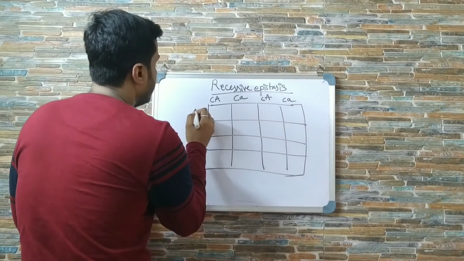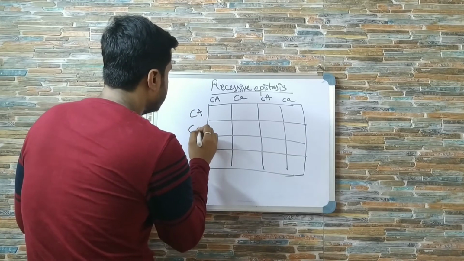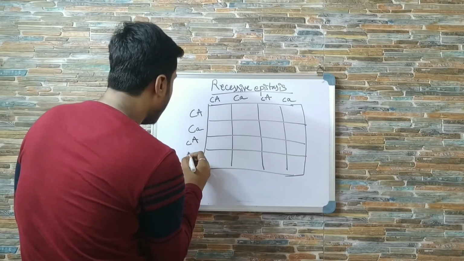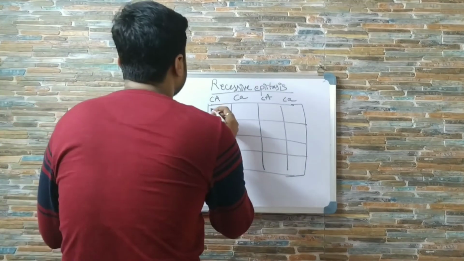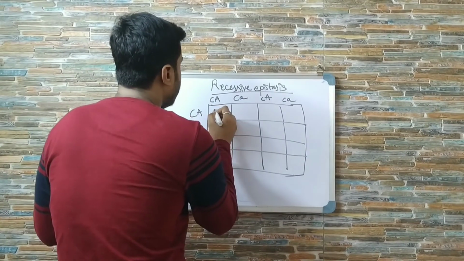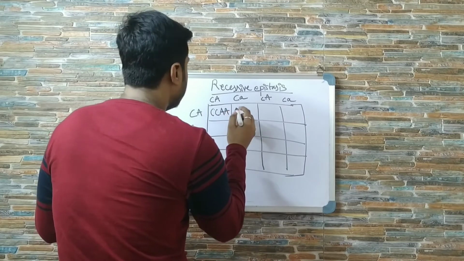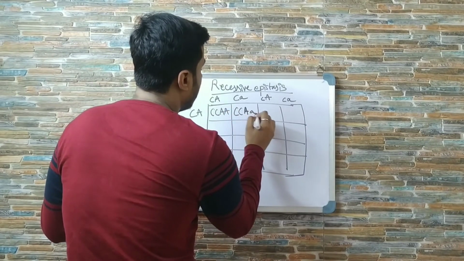Similarly, here also we will have capital C, capital A, capital C, small c, capital A, and small c, small a. Now, if we try to fill this box, this will be CC AA. This will be CC Aa.